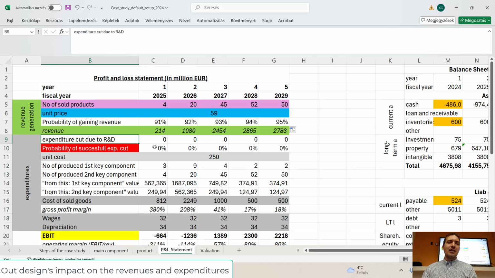Expenditure cut due to R&D. So practically what we don't have to manufacture. Probability of successful expenditure cut, so let's start here.